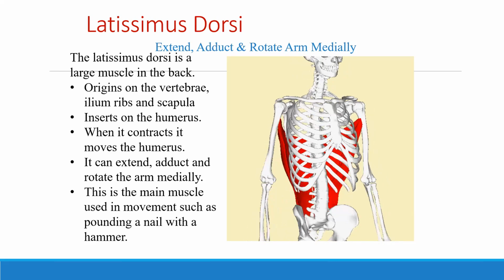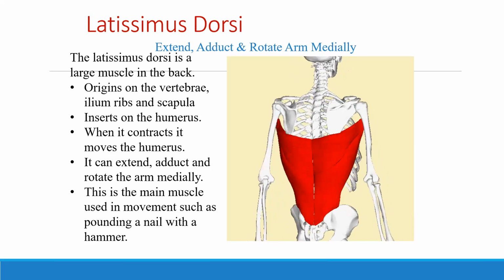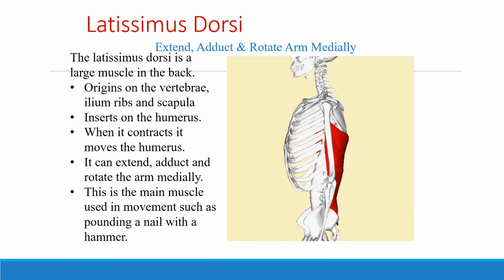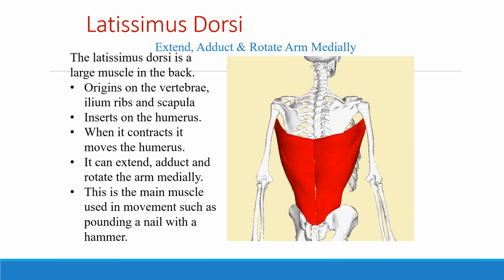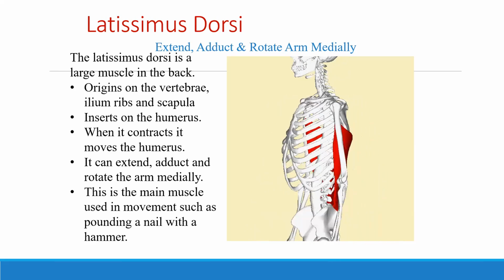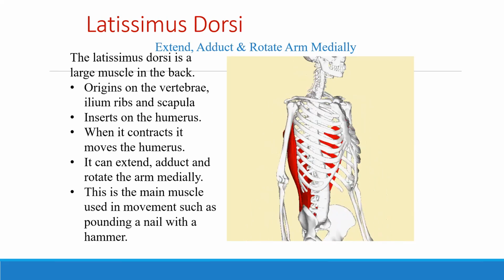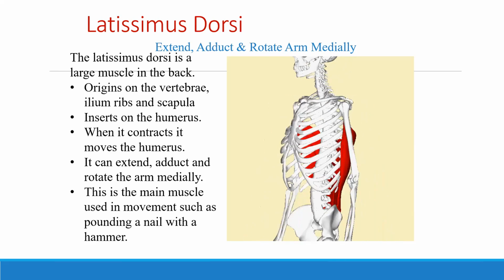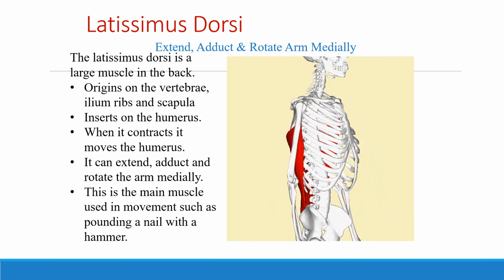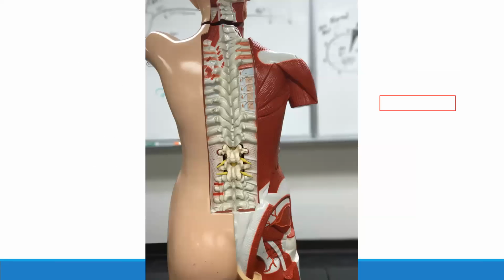An underhanded throw, as opposed to overhand, like you see in baseball. But an underhand throw, very powerful, very fast, with the force of the latissimus dorsi behind it. It is the nail pounding muscle, if you will. Let's see, on our model, it's this large muscle back here that extends all the way down to here.